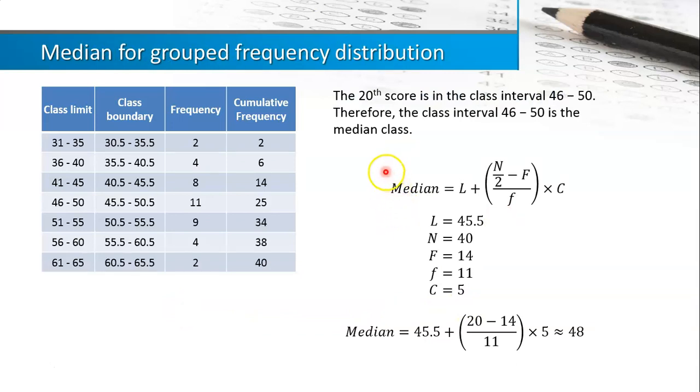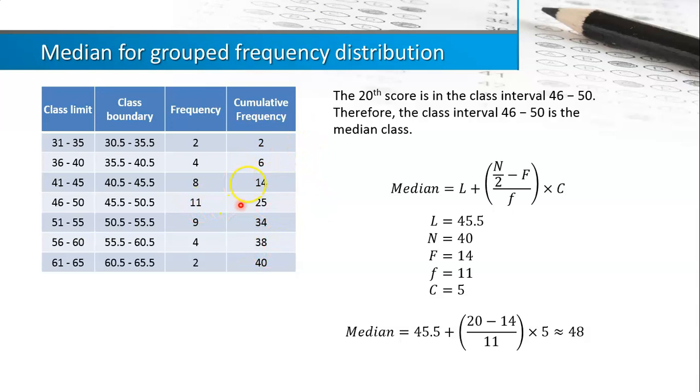Let's look at this example. We have the class limits over here: 31 to 35, 36 to 40, and so on. The class boundary is also given, and the frequency. And this is the cumulative frequency, meaning you get 6 because 2 plus 4 is 6, 6 plus 8 gives 14, 14 plus 11 gives 25, and so on.